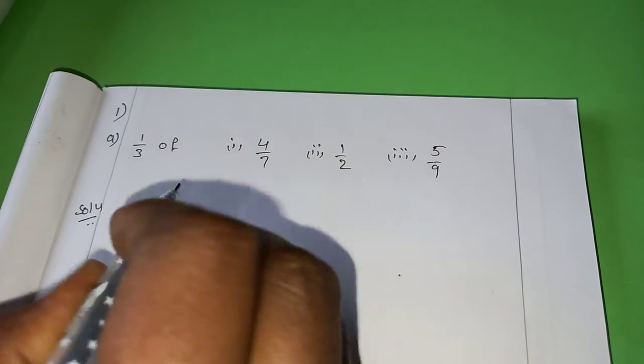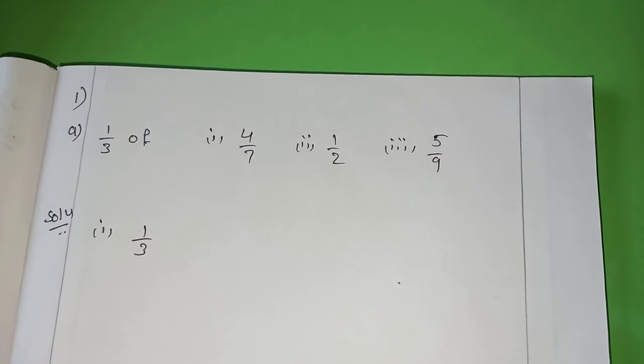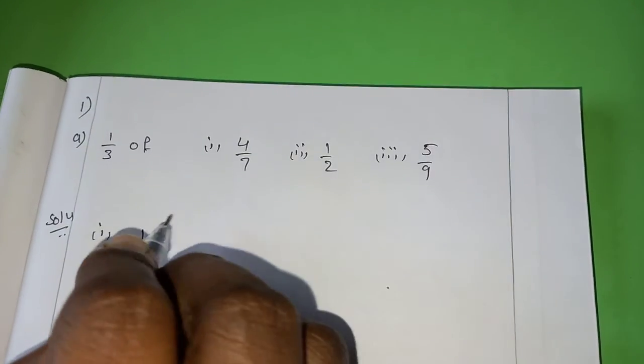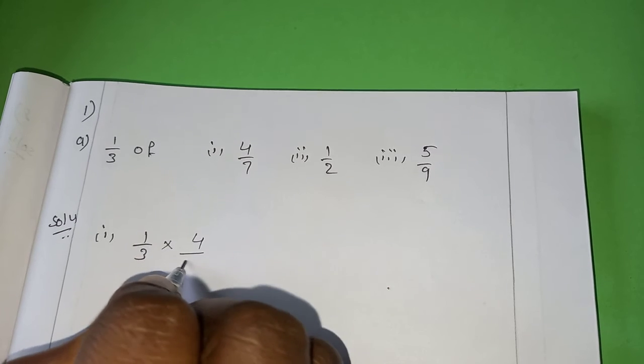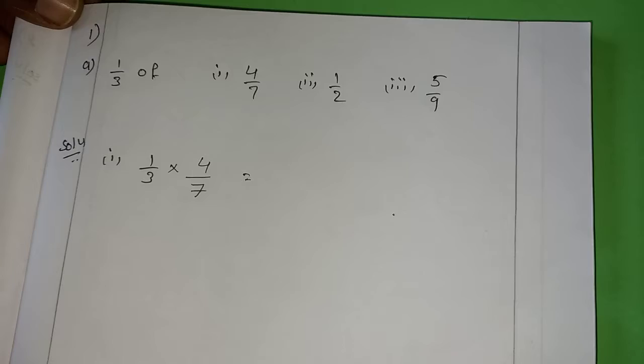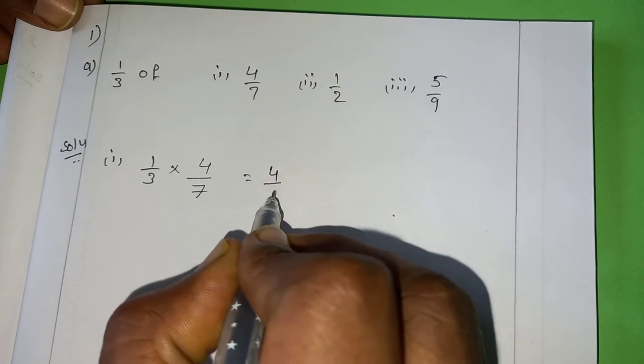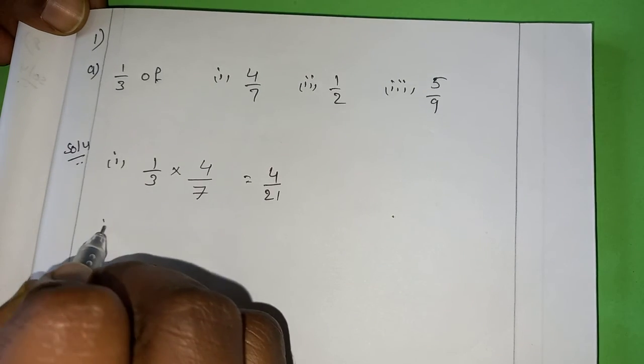First one. What did they ask? 1 by 3 of 4 by 7 means 1 by 3 into 4 by 7. So what is the answer? 4 ones are 4. 7 threes are 21.